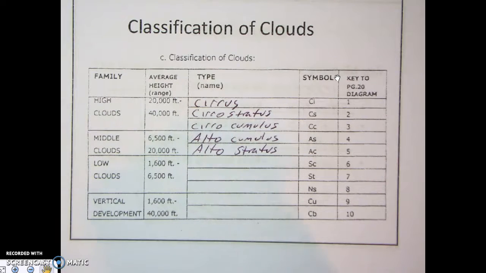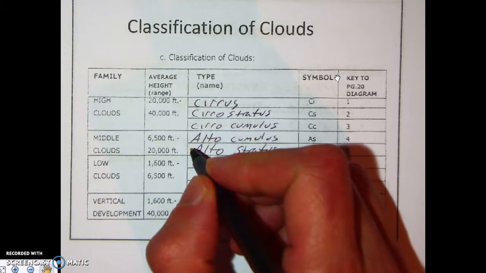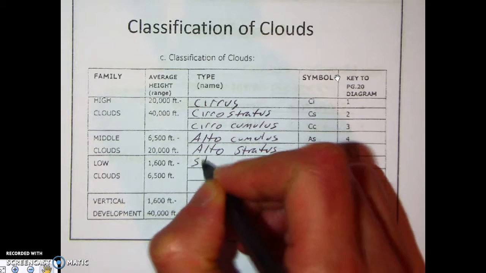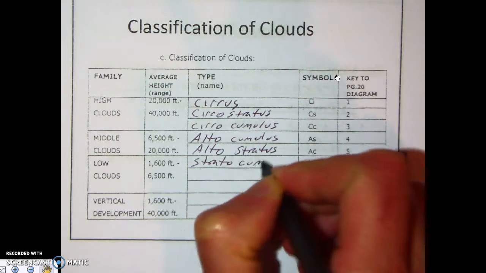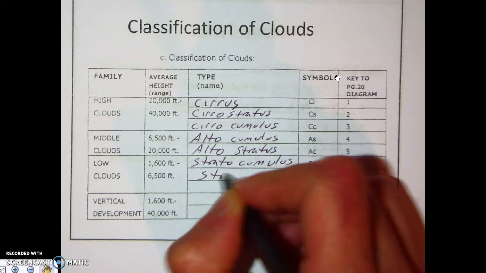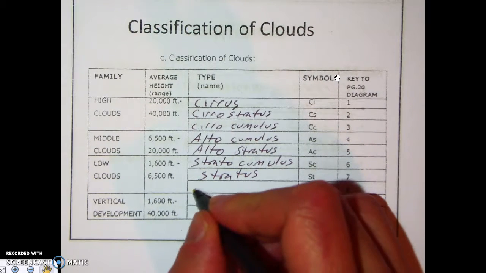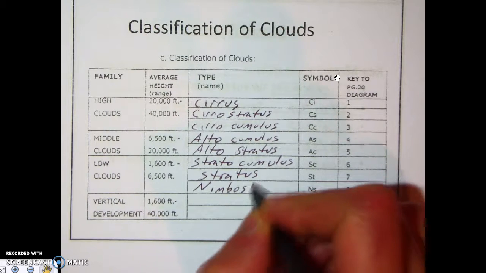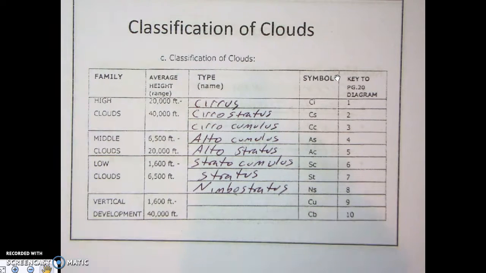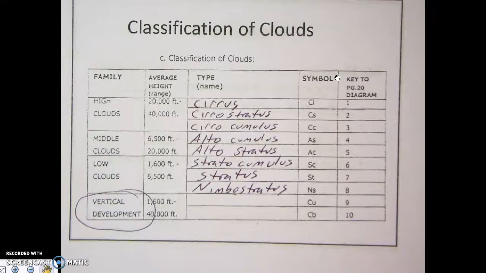Okay, then we get to the low levels of the atmosphere, and we have clouds like stratocumulus, stratus, and nimbostratus. Nimbo again means rain. And we'll look at pictures of these in a minute. Now here we have what they call vertical development.